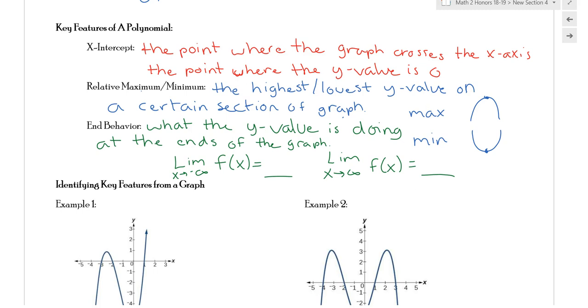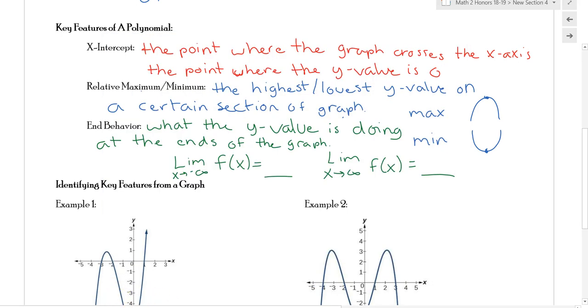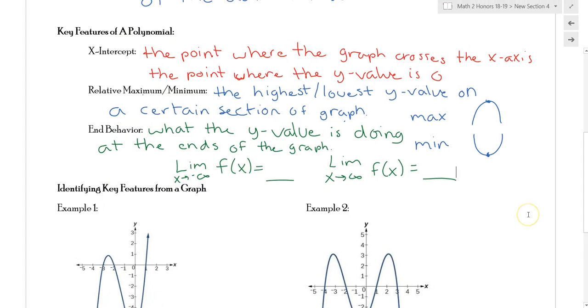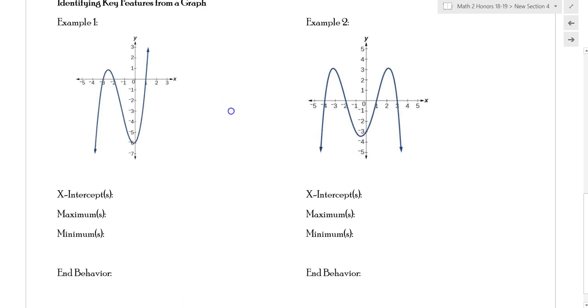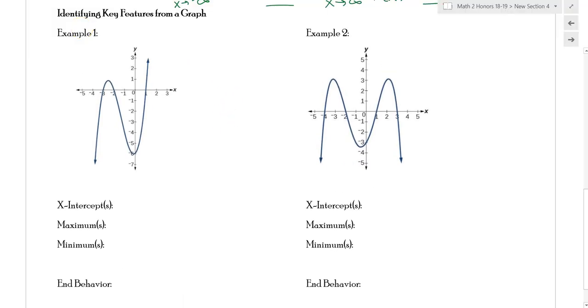All right, so let's look at some examples. Looking at example 1, identifying key features. We're going to start with our x-intercepts. Again, our x-intercepts are where you cross through the x-axis.